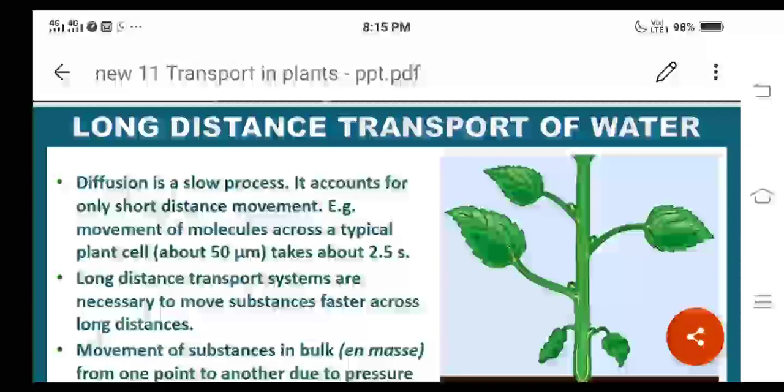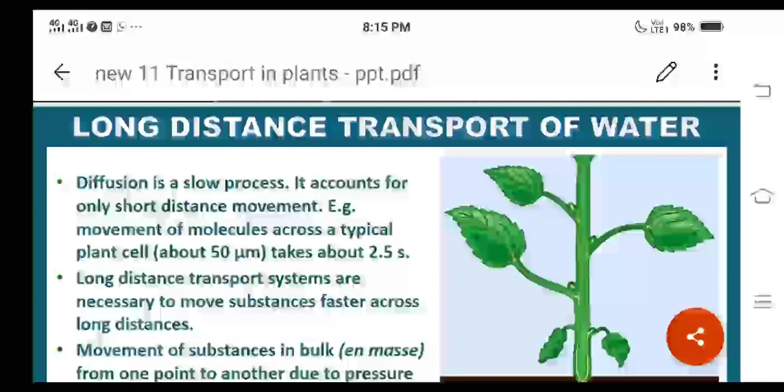There should be some mechanism to move the molecules to such heights. Long distance transport systems are necessary in the plant to move substances faster across long distances.